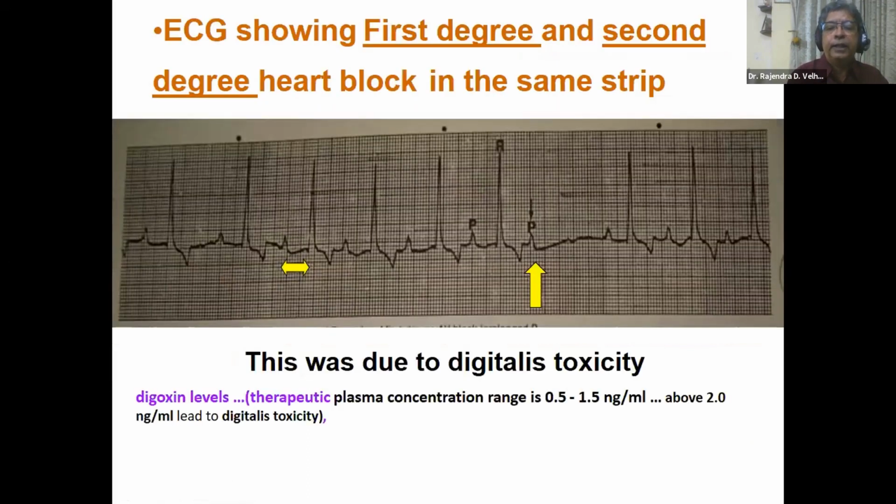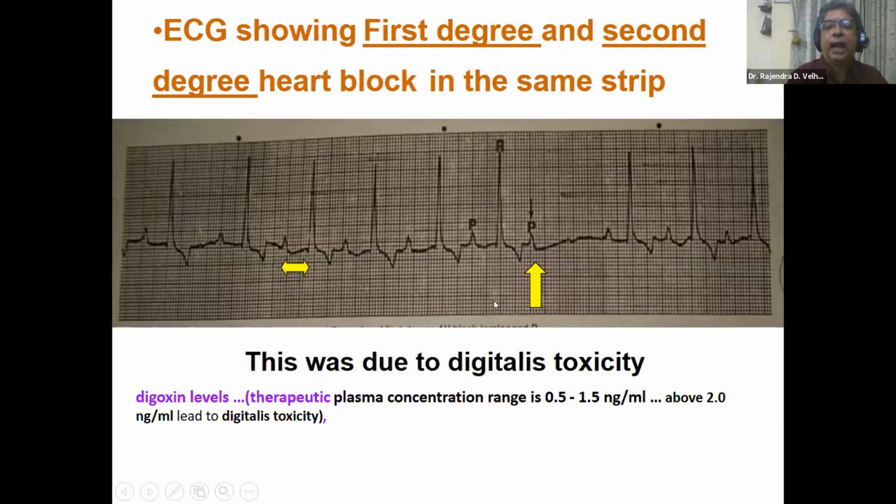Now in this particular ECG, if you observe, measure the PR interval. The PR interval is increased, nearly 0.18, and here you can see the impulse is not conducted beyond the AV node. That means the QRS complex is missing.